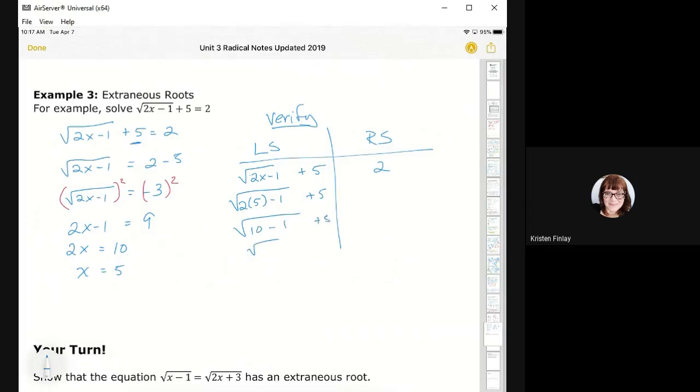So we get root 9 plus 5, which is 3 plus 5, or 8. So the left side does not equal the right side. So we would say that x is equal to 5 is an extraneous root.